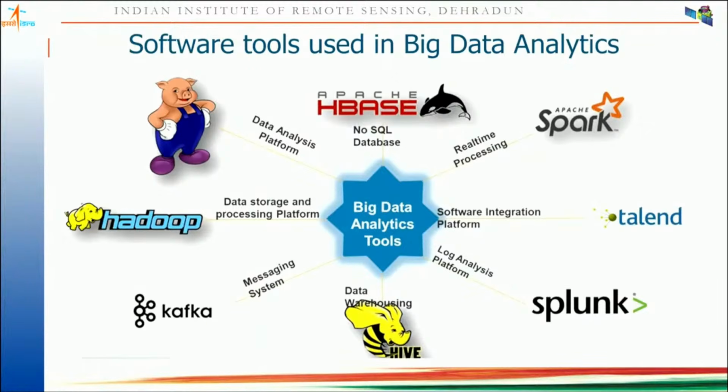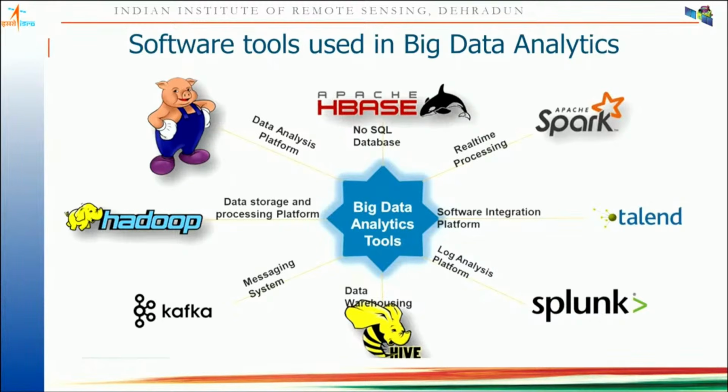And in these platforms, there are a number of software tools available. In fact, from the open source community, most of the tools are from the Apache projects, like HBase. Apache HBase is one of the very powerful NoSQL databases. We have real-time data processing using Apache Spark. We have a software integration platform like Talend. We have Splunk for log analysis platforms. For data warehousing, platform solutions like Hive.